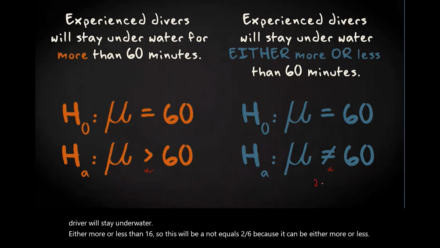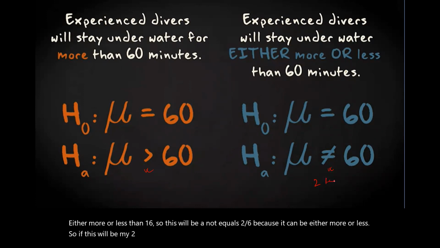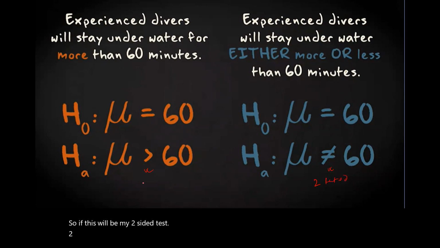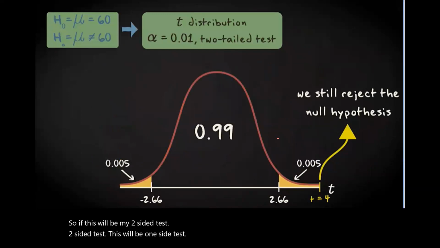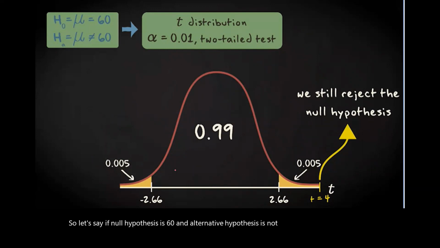This will be my two-sided test, and the other will be a one-sided test. So let's say the null hypothesis is 60 and the alternative hypothesis is not equals to 60. That would be your two-tailed test.